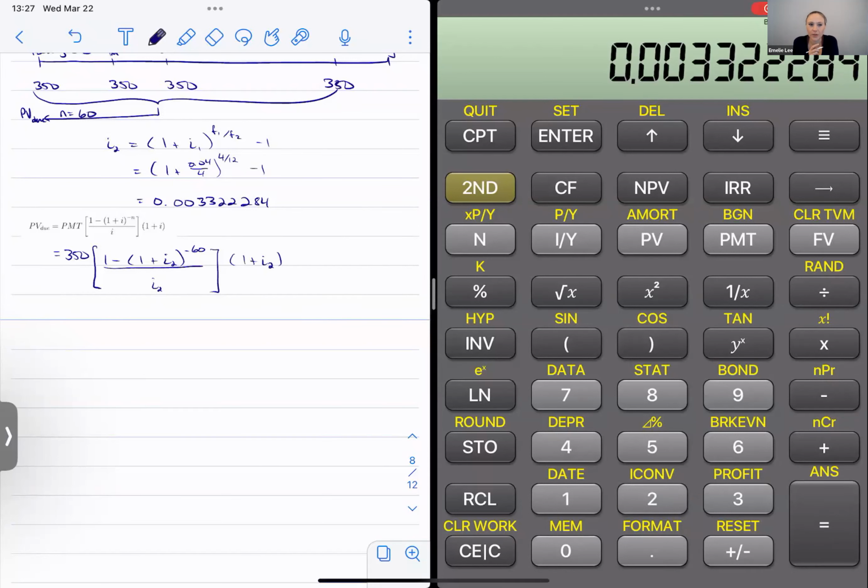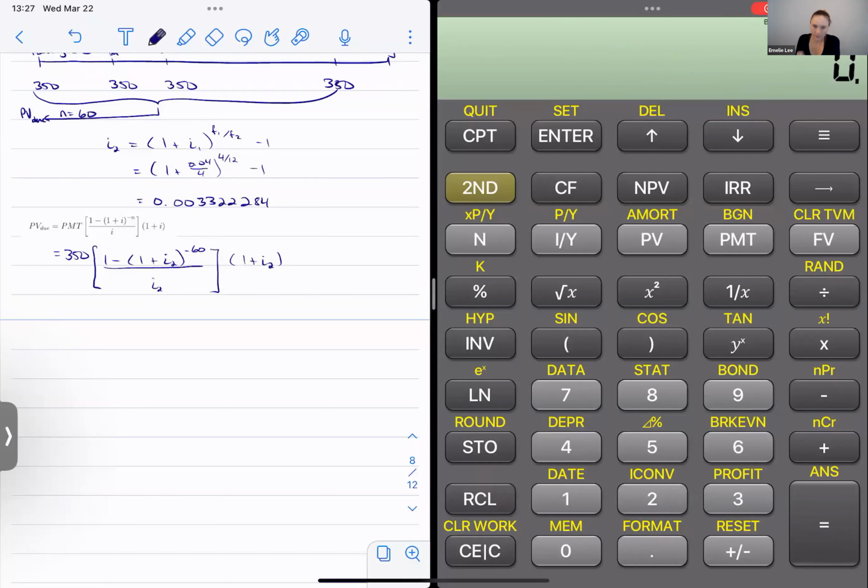Being really careful with all your brackets because it doesn't really show you everything. So then I'm going to store this in 1. You hit the STO button and then whatever slot you want to store it in. And then just to make sure that it works, you can do recall 1 and you should get the same number.